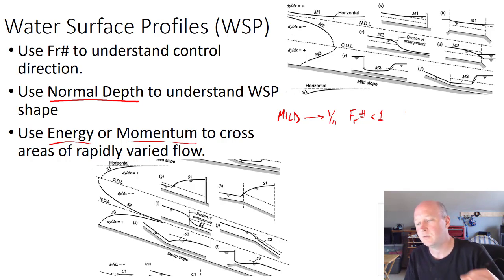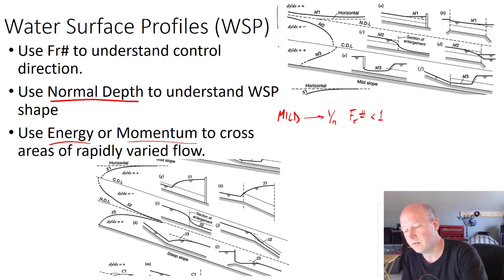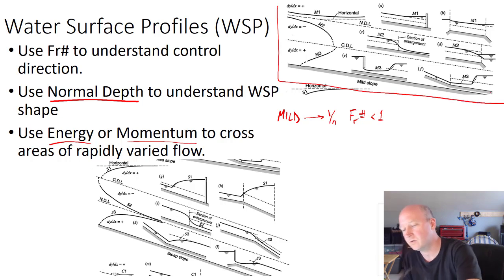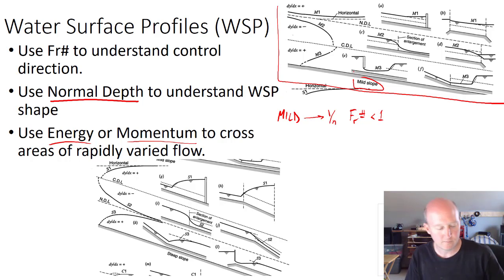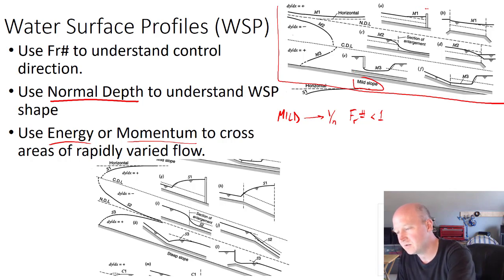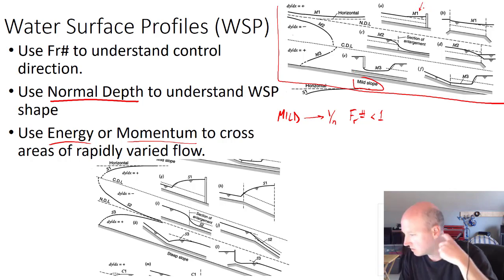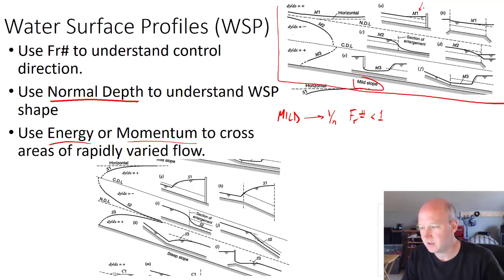And so let's just look at this first section. This is the idea of what possible water surface profiles we could have for a mild slope. What we would do first is determine normal depth, and then we would figure out, is this a mild channel or not? And so it is in this case. The first curve is a backwater curve, called an M1 curve.